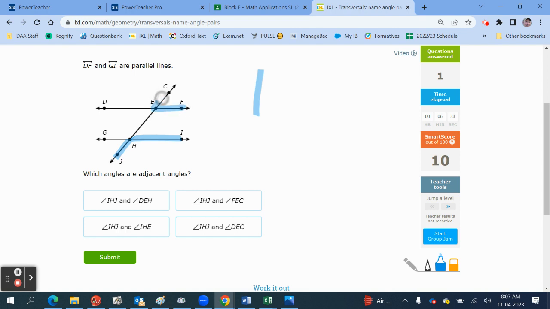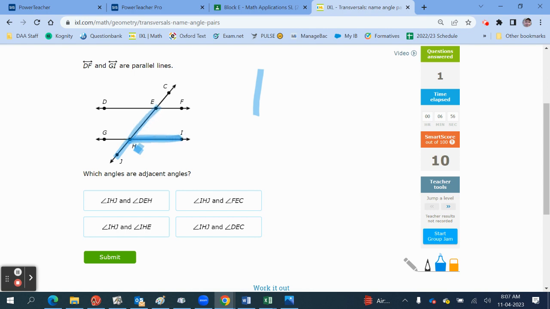FEC. These ones are, because we're looking at this angle here and this angle here, co-exterior angles, but that's not what we're after. We need IHJ and IHE.